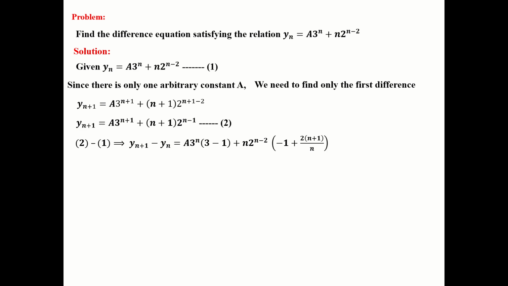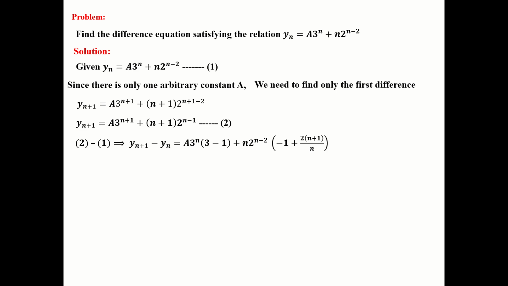When we group these two, take n into 2 power n minus 2 outside. So in the second equation, n into 2 power n minus 2 you have taken, and the remaining is 2 into n plus 1 by n, because you have taken n outside.